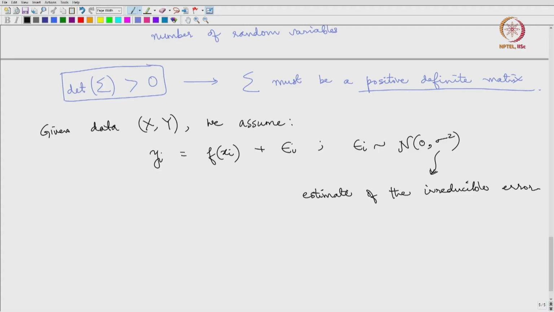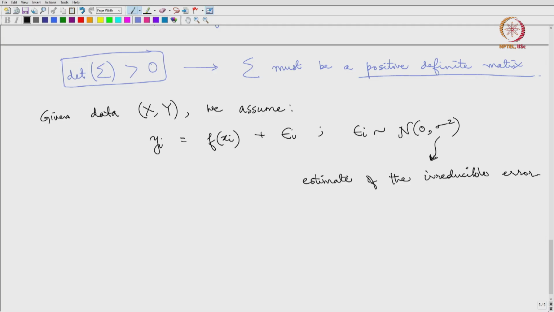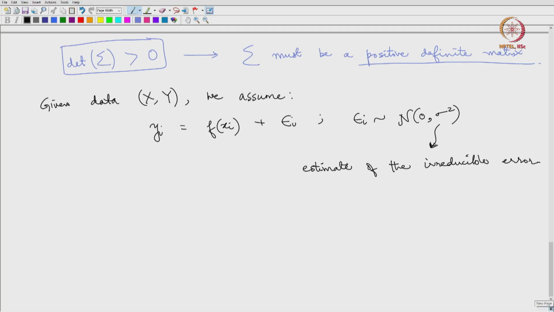There is always some data in the model which your function f of x cannot capture. That error is Gaussian and it is represented by mean 0 and variance sigma squared.